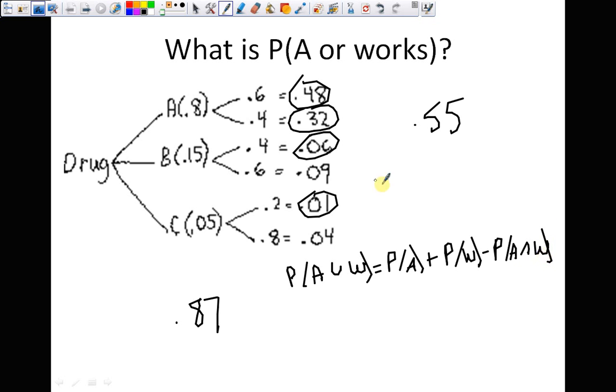So let's think about this. What's the probability of using drug A? That's 80%. There's an 80% chance that we use drug A. Plus the probability that it works, and that's any drug works. That's 0.55. That's one we just came up with, adding the 3 works events together.